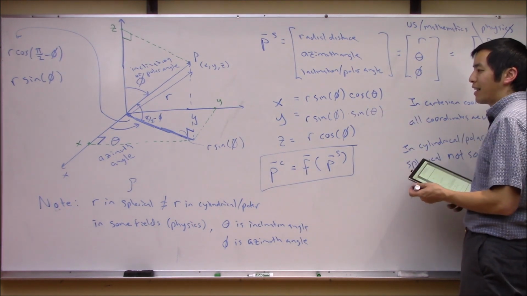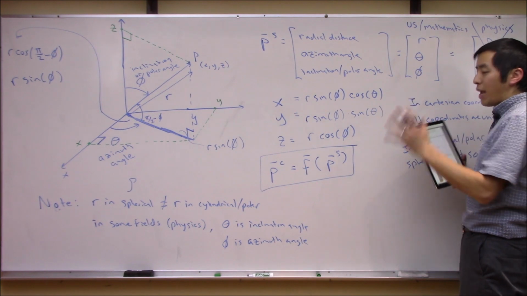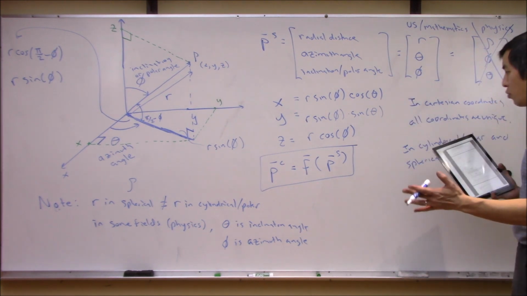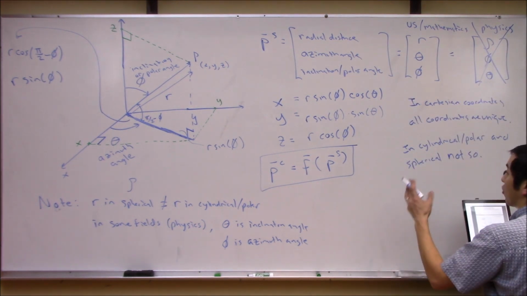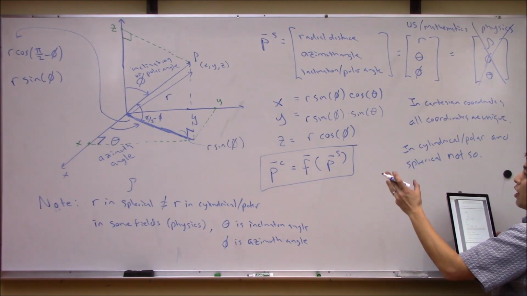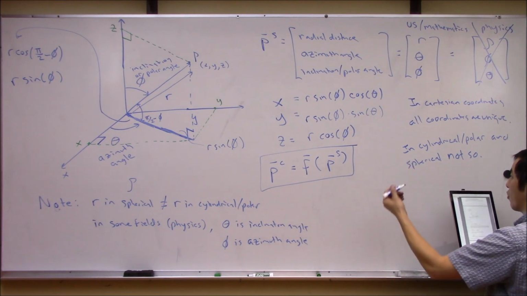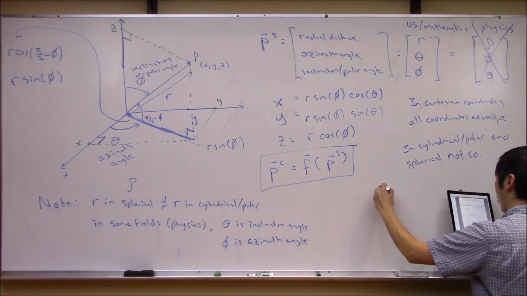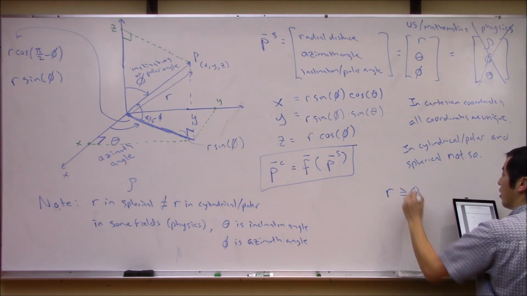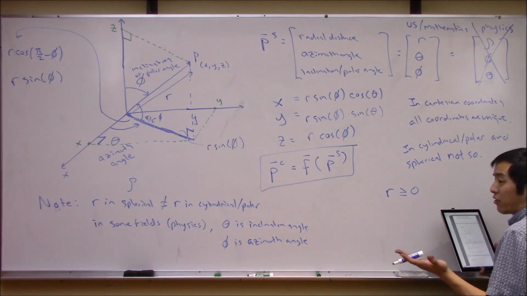So a lot of times, to make it a little bit closer to unique, what we'll end up doing is putting restrictions on valid or proper solutions of r, theta, and phi. So usually to constrain this, we're only going to consider r greater than or equal to 0, so positive radiuses.